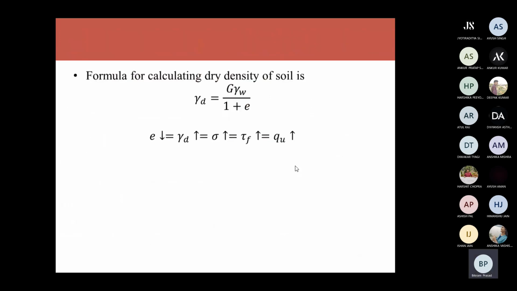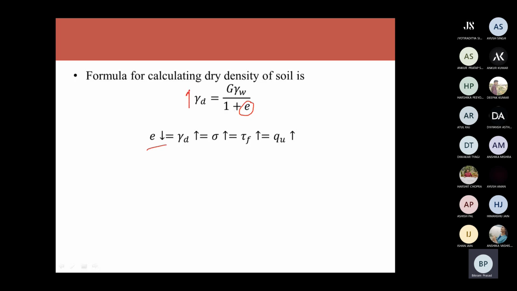So the formula for calculating the dry density of the soil is very easy. In the last class also we discussed that dry density gamma d is equal to G gamma w upon 1 plus e. You can see from the formula itself, if the value of e is reduced, the denominator is decreasing, so automatically this value is increasing.